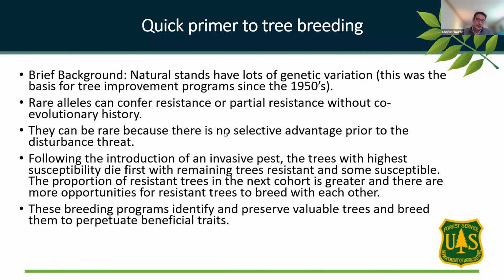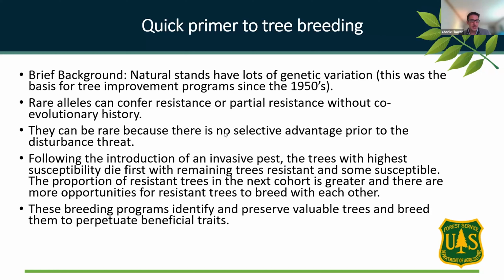And so, quick background on this: natural stands have lots of genetic variability, right? And so this is the basis for tree improvement programs since the 1950s. These rare alleles can confer resistance or partial resistance without coevolutionary history, and they can be rare because there's no selective advantage prior to a disturbance threat.